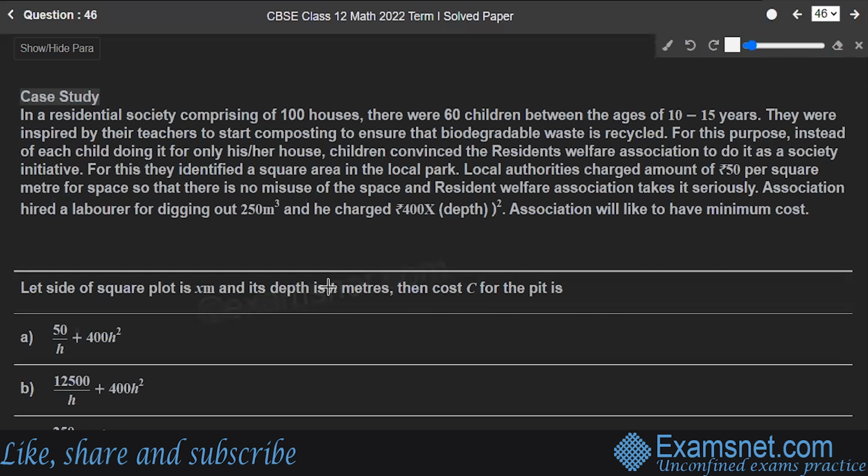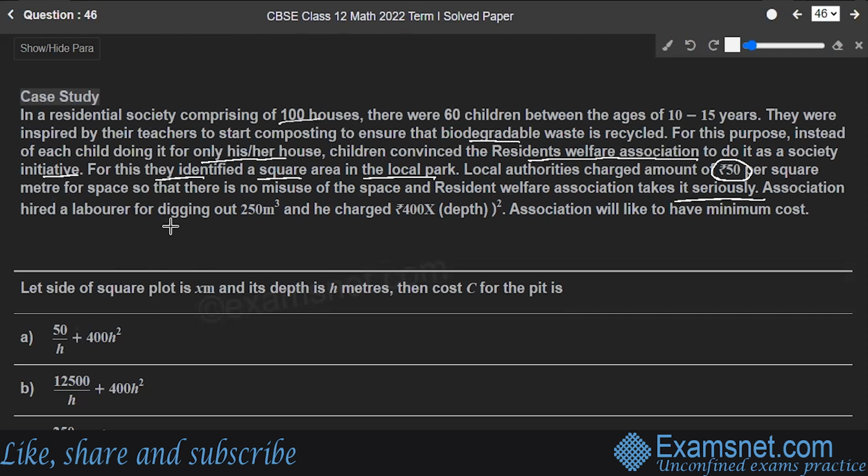Question number 46. This is a case study. It says in a residential society which is comprising of 100 houses and 60 children between the ages of 10 to 15 years, they were inspired by the teachers to start composting to ensure the biodegradable waste is recycled. Instead of each child doing it only for his or her house, children convinced the Residents Welfare Association to do it as a society initiative. They identified a square area in the local park. Local authorities charge rupees 50 per square meter so that there is no misuse of the space, and the Resident Welfare Association takes it seriously.